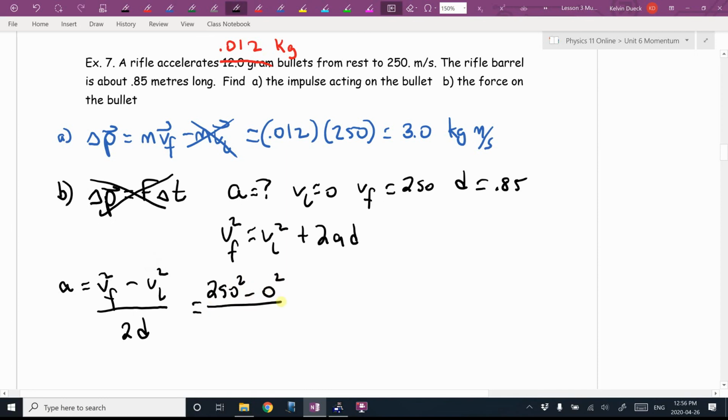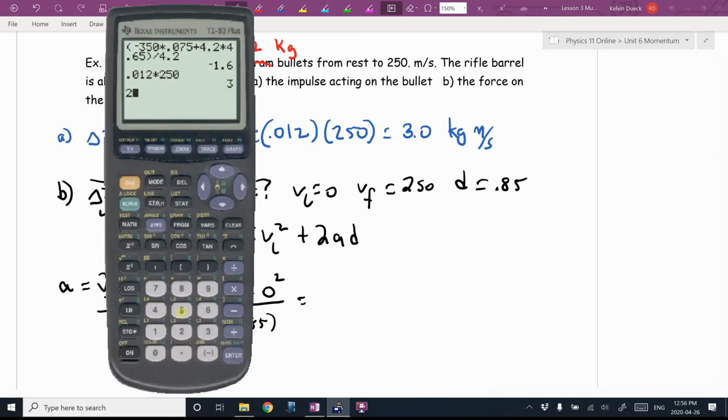Didn't really need to write that. All over 2 times 0.85. 250 squared minus 0 squared, which is kind of pointless, divided by bracket 2 times 0.85. I don't think the times kicked in. 2 times 0.85.